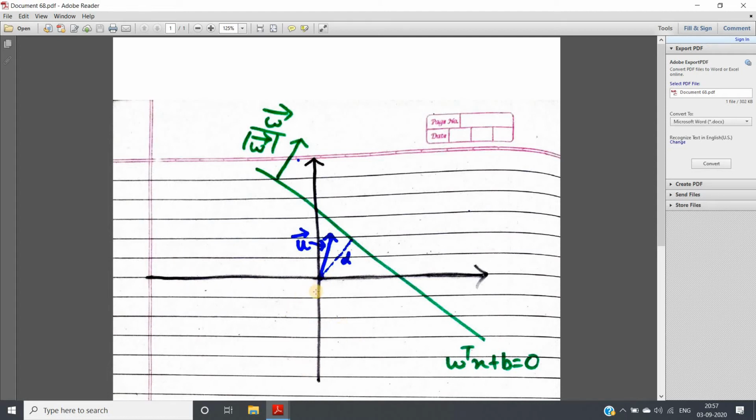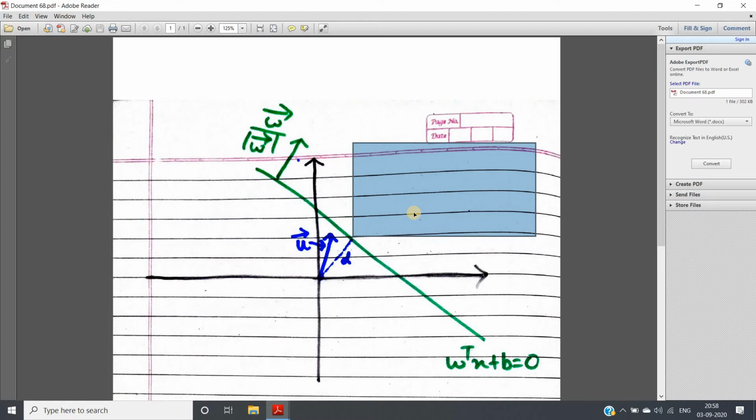If we get a value greater than or equal to d, that means the projection along the perpendicular is greater than the distance between the origin and the hyperplane. If this condition is satisfied, then the point will surely be placed somewhere here, which means it belongs to the positive class.